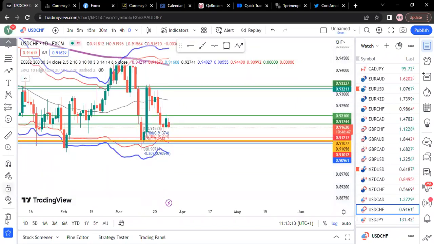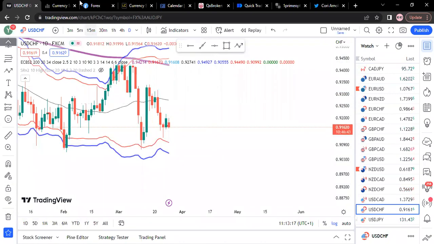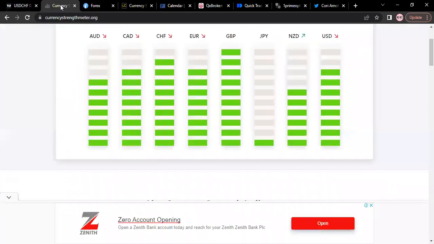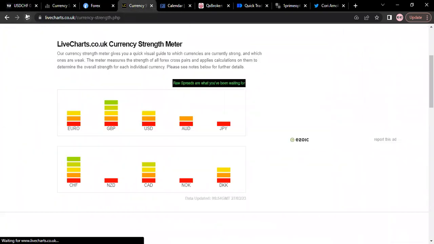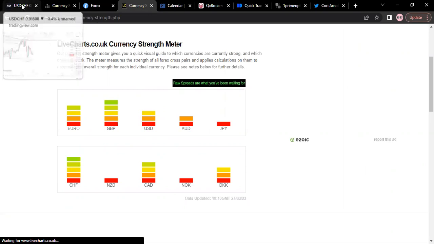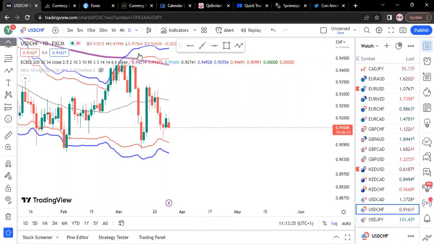This is also bearish. But the sentiment from the currency strength meter is not giving us that flexibility to jump into the market to pick a sell opportunity from this market. USD, you see this one now is giving us a good setup. All right, so let's go with USD CHF.